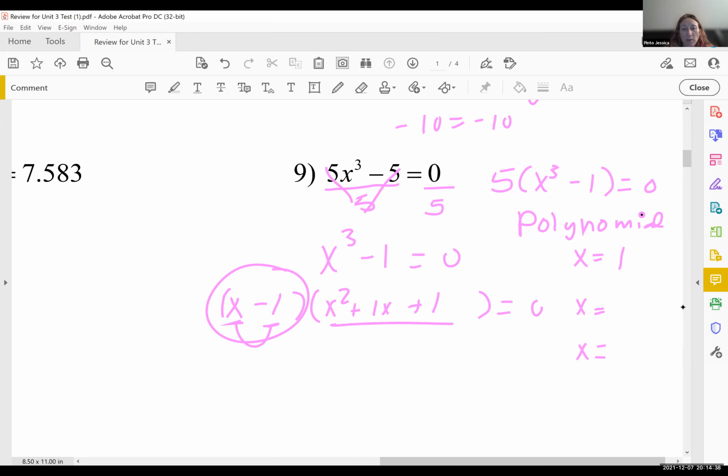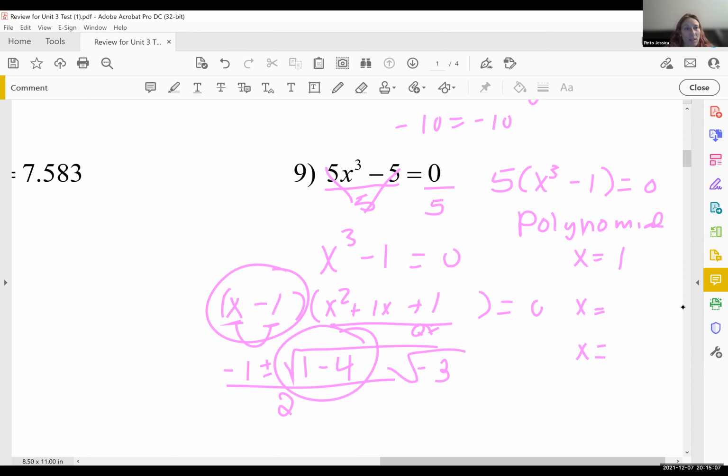And then this one I use the quadratic formula. So that's going to be negative 1 plus or minus the square root of 1 minus, I'm sorry, minus 4 times 1 times 1, which is just 1 minus 4, all divided by 2a, which is just 1 times 2. Oh, I wrote 1 again. I need to write 2. So we could see in the radical here, we're going to get negative 3.